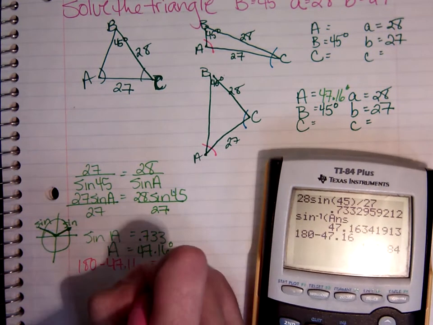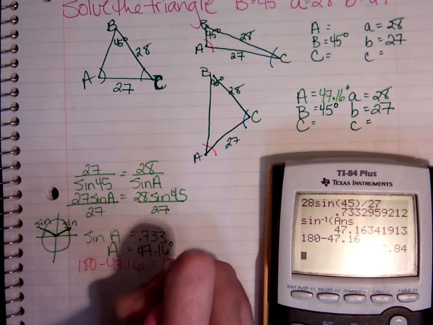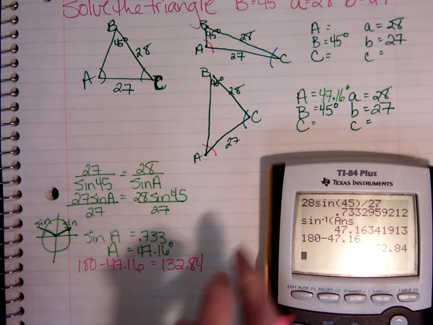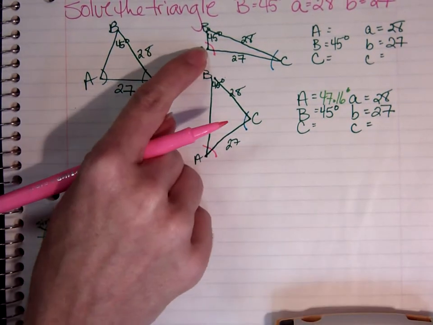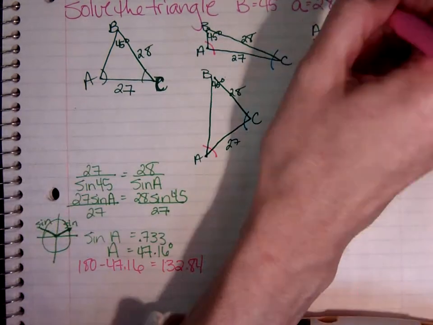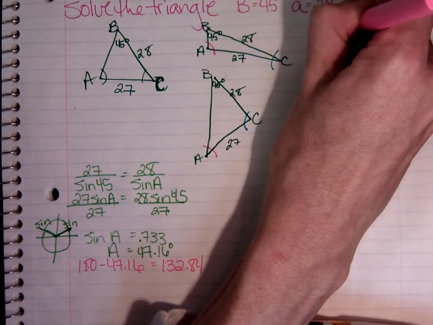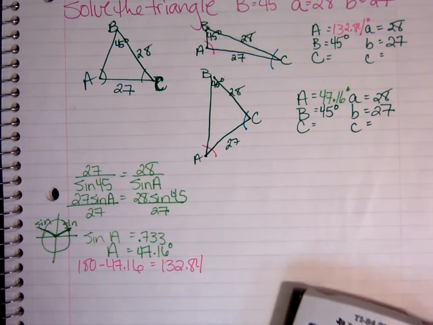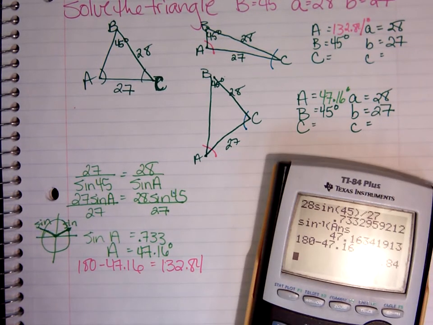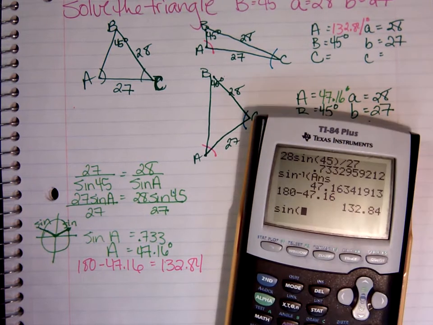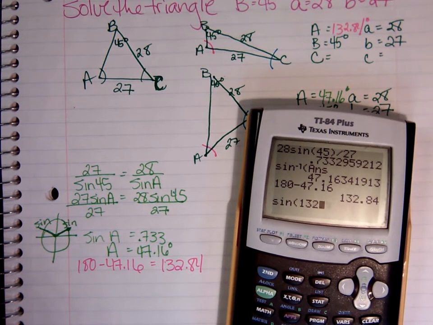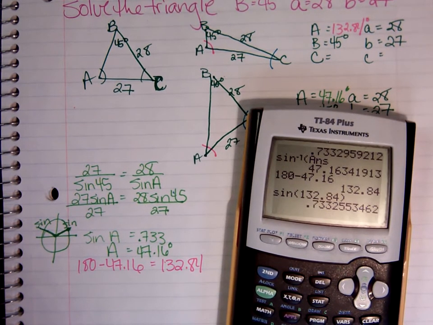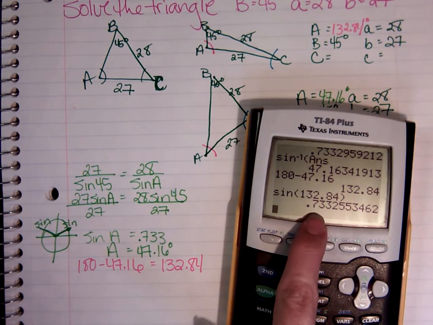And I find out that that could also be 132.84. There's my obtuse angle A. 132.84 degrees. And we can check just to be sure. Sine of 132.84. There's my 0.733. Comes back up the same.